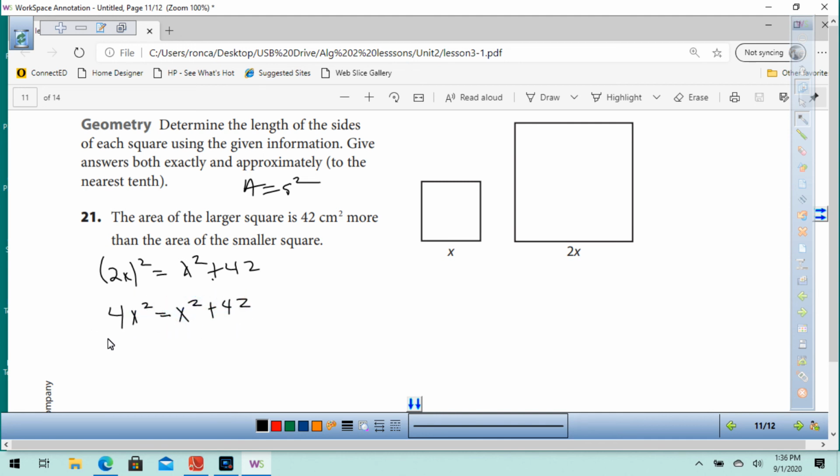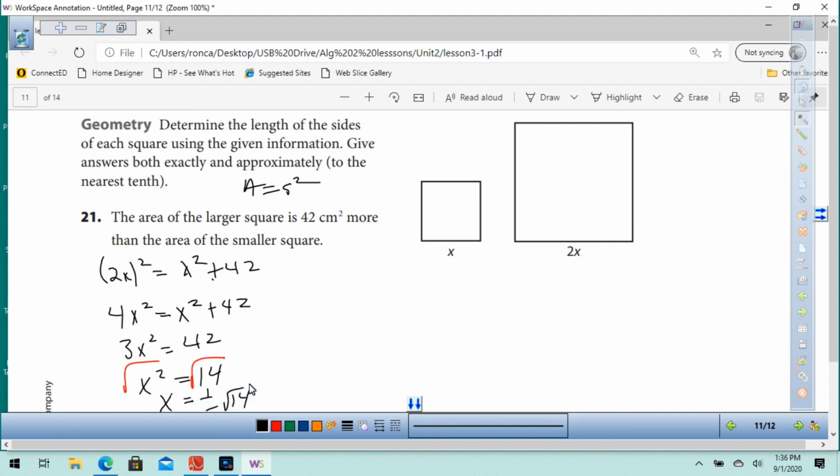Well, let's subtract x squared from both sides, and you got 3x squared equals 42. Divide both sides by 3, and you got x squared equals 14. So let's take the square root of both sides, and we've got x equals plus or minus the square root of 14.